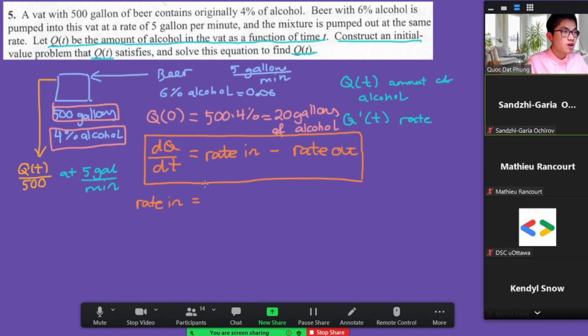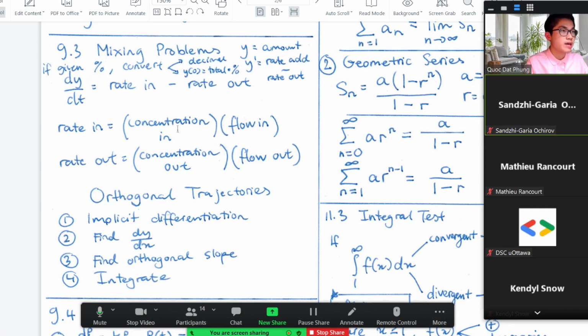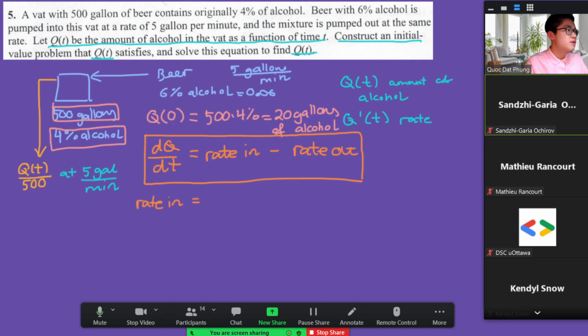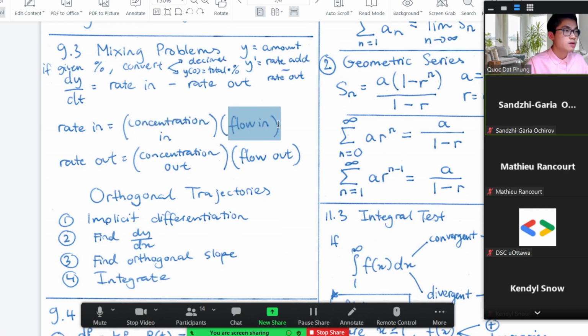So what is the concentration that's going in at the moment? Because we want to find this. We know that the beer is entering, and the concentration of alcohol is 0.06. So this is going to be 0.06. And what is the flow that's going in?